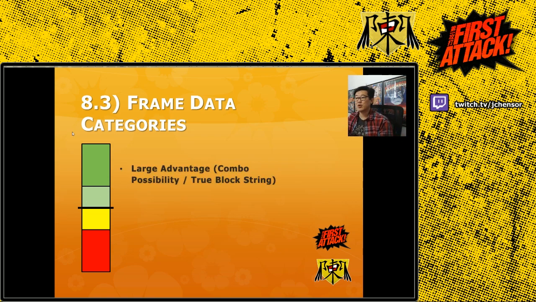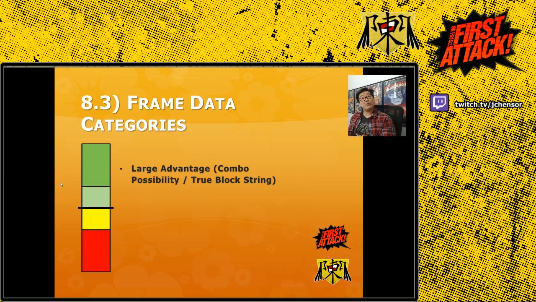The top green one over here, and of course you're looking at this from the attacker standpoint, is one category of having a large advantage. I'll go into what this means a little more, but basically if you have a large advantage, then you have combo possibilities, and you have the ability to make things a true block string.